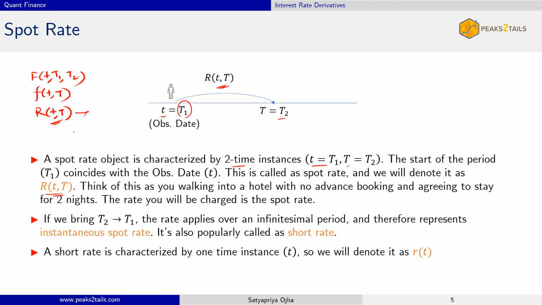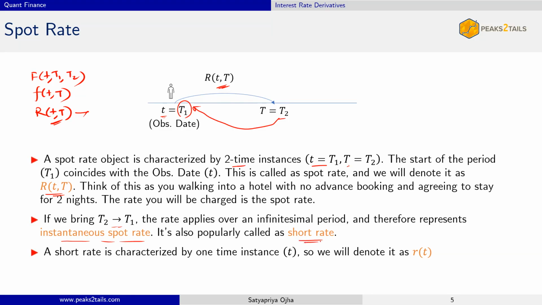Again, on this, if I try to bring T2 close to T1, so T2 is one instant after T1, then obviously it'll become the instantaneous spot rate. That means your rate is starting right away, but the period for which it is applicable is just one instant. Instantaneous spot rate.